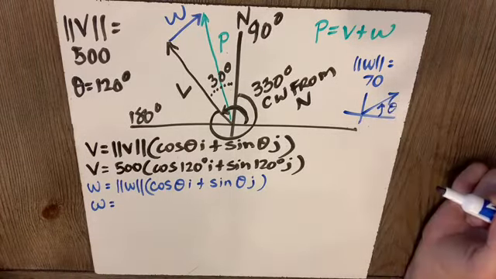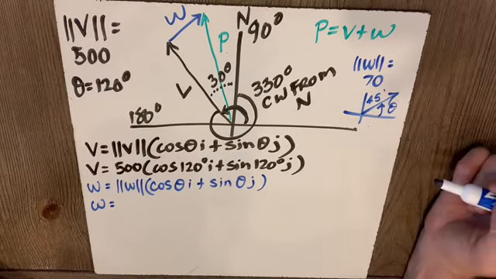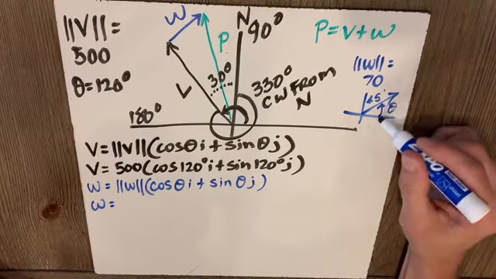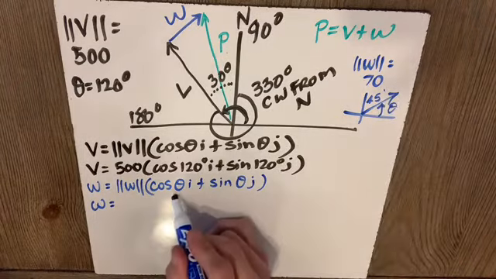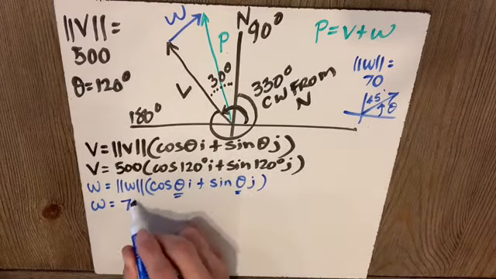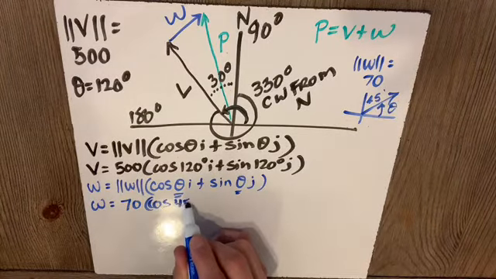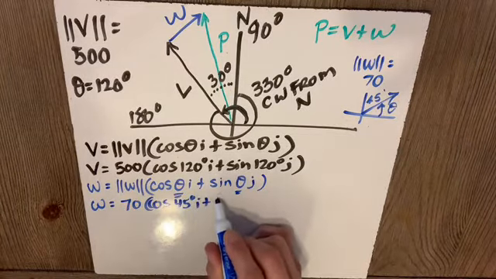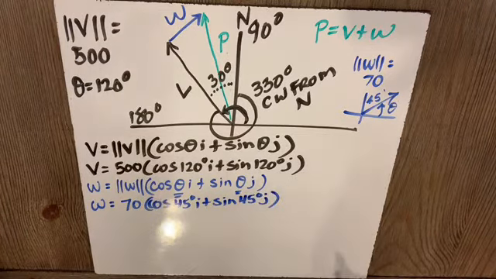There is my theta for the wind vector. And they told me it was north 45 east. So that means this angle, counterclockwise from the positive x-axis, the one I use in my formula here, has got to be 45 degrees. 70 cosine 45 degrees i plus sine 45 degrees j.